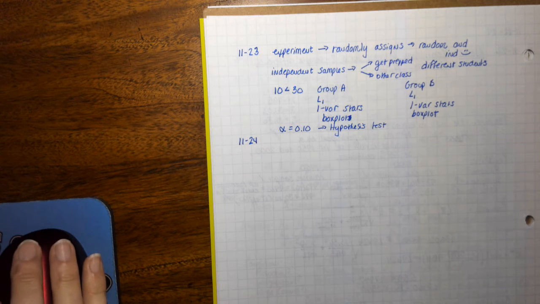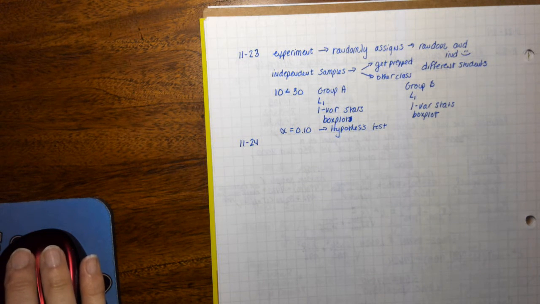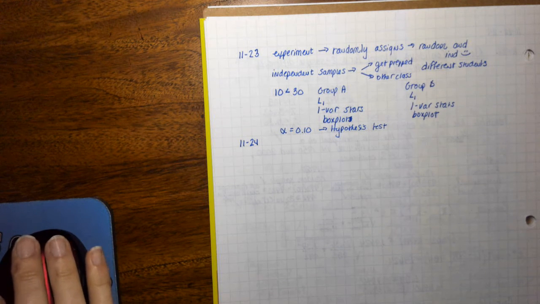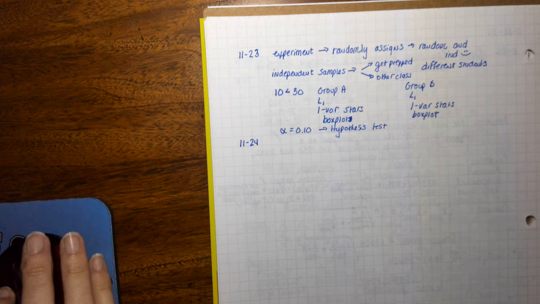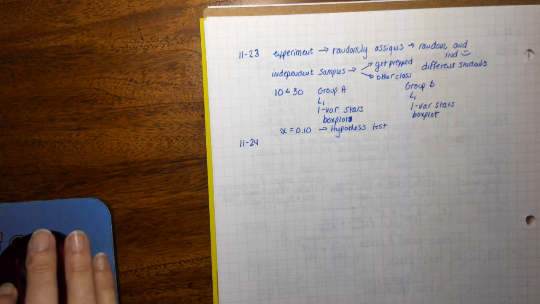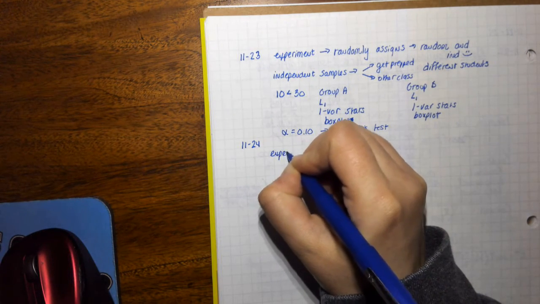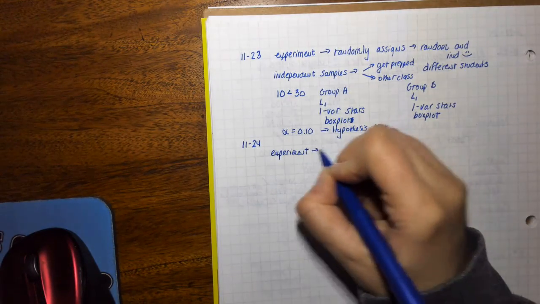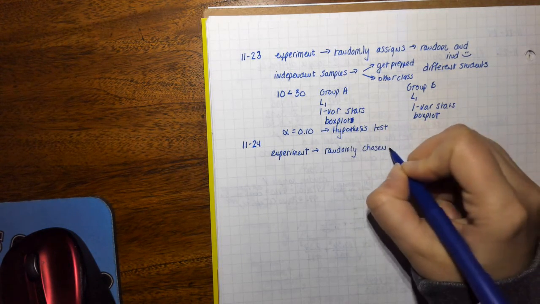Okay, now number 24. Fitness trackers or electronic devices. You recruit 200 volunteers for a fitness study. Okay, so notice you have volunteers for a study, so that means you have an experiment again. And you have the words randomly chosen, which just means random assignment.